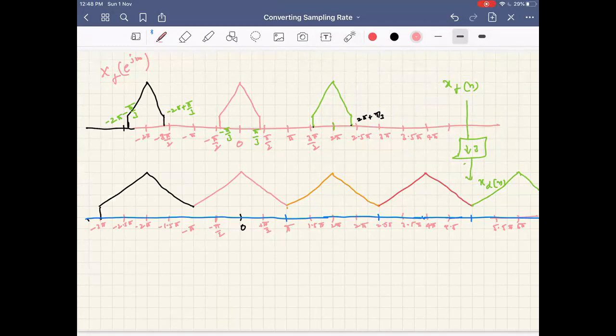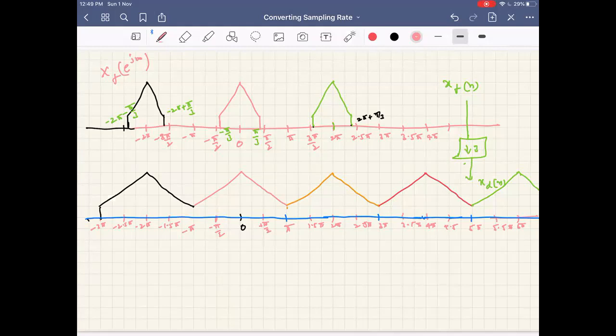Oh, I think this is 3 pi, sorry. Pi. And this is 2.5 pi, 3 pi. Okay, and this is 5 pi. Right, you can see that this is how it happens.